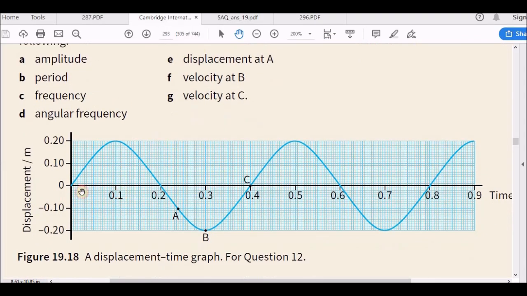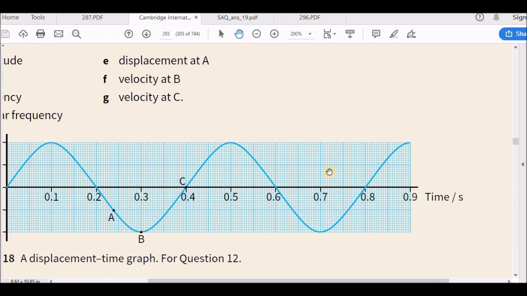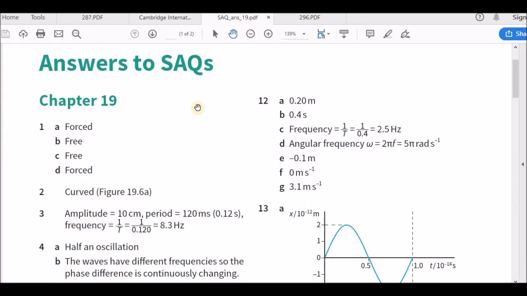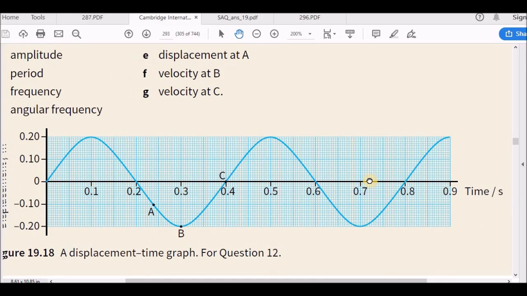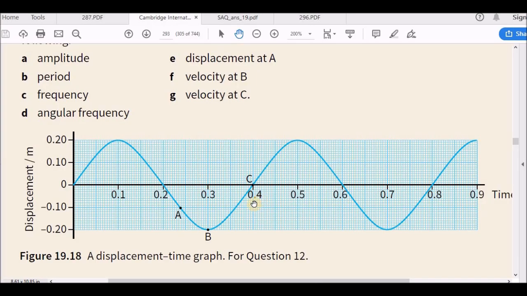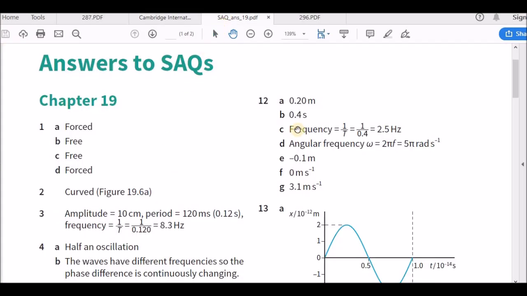Then period is the time for one complete wave, so that is 0.4 seconds. Then frequency is 1 over the period, so 1 over 0.4, which is 2.5 hertz.